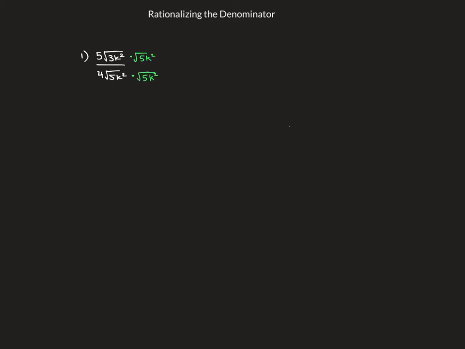Now, what would we do after this point? We would basically just combine to get our new fraction, because we just multiplied by square root 5k squared. So we'd have to get rid of that and combine it into one big fraction. So our new fraction would become 5 square root 15k to the power of 4 divided by 20k squared.